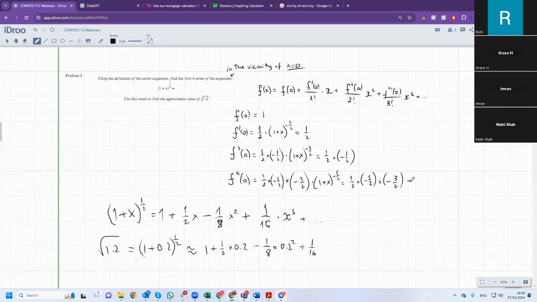Because this is 3/8, 3/8 multiplied by 1, because 3 factorial is 6.